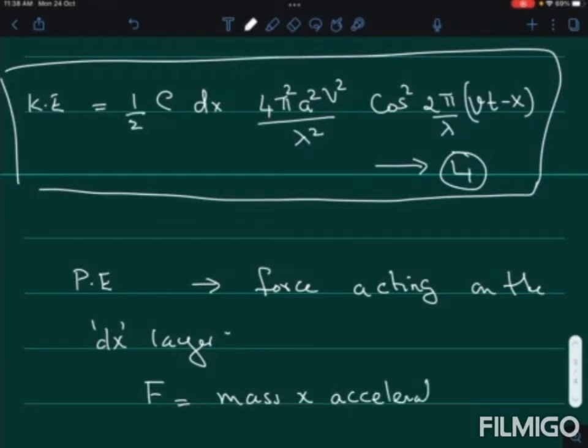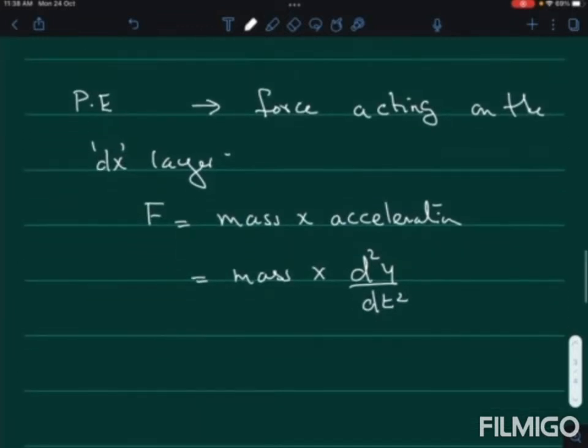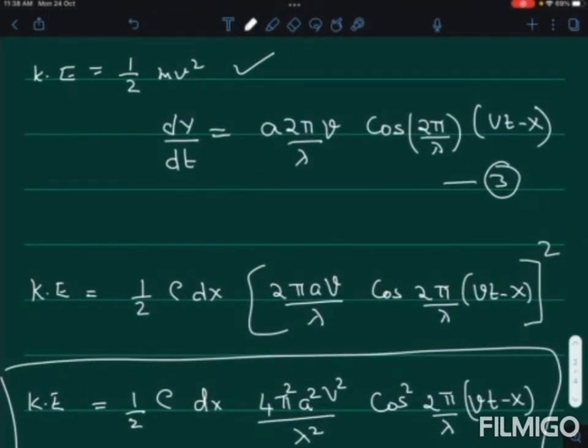Acceleration in terms of displacement is d²y/dt². Mass is equal to rho dx from equation 2, and dy/dt you have already found out: a into 2πv/λ cos (2π/λ)(vt − x).